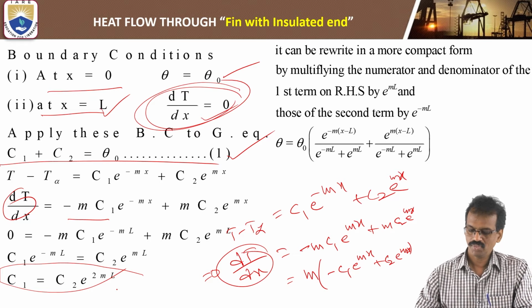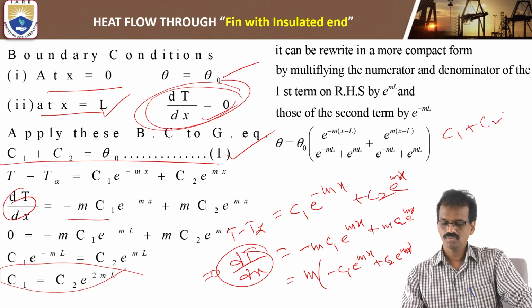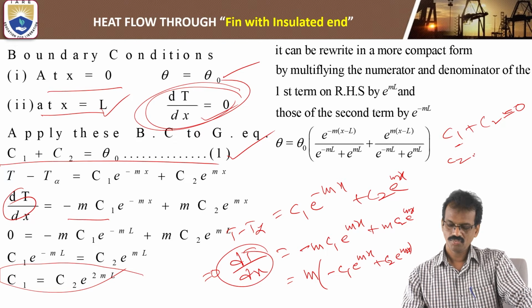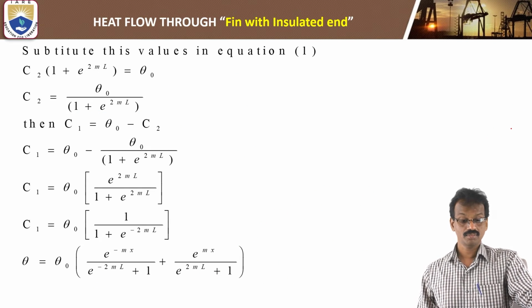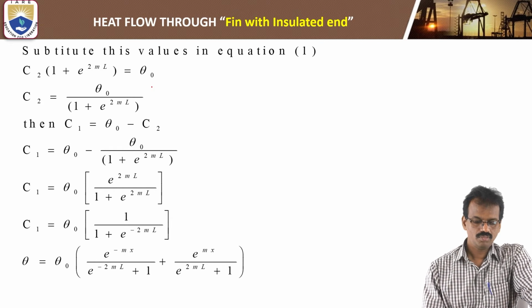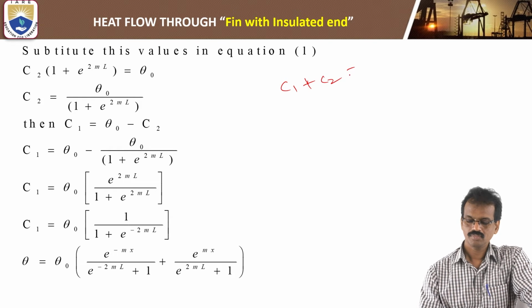Based upon the first boundary condition, we got the equation c1 plus c2 is equal to 0. Then you can substitute the c1 value here. It means c2 e to the power of 2ml plus c2 is equal to 0.